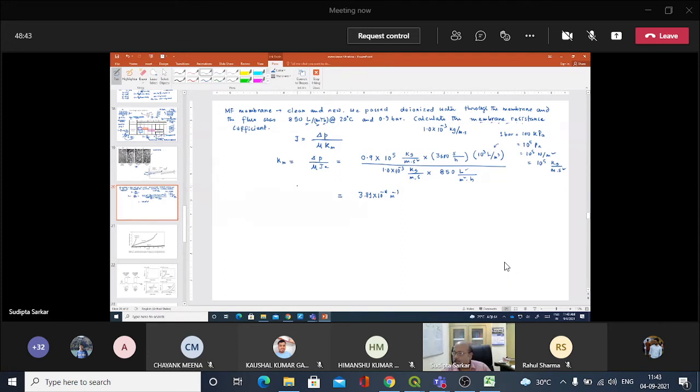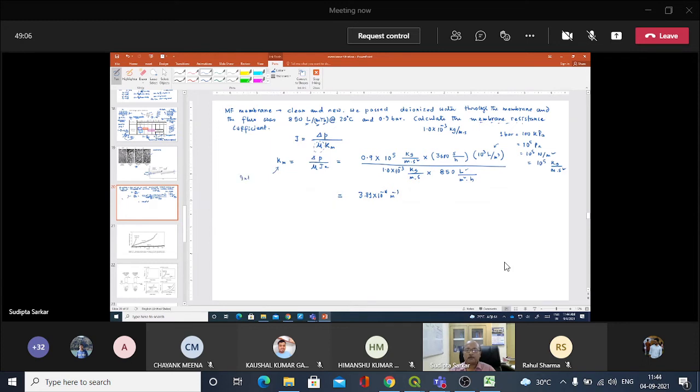Now, the flux through the membrane will also be dependent on the value of mu, because mu is going to change. Km is an intrinsic value for a particular membrane.